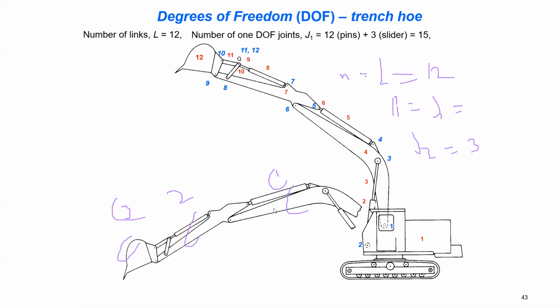So that means our J1, let me first remove J2 here before it confuses people. So this one, I'm going to remove it, okay? So now J1 will be given by 12 plus the sliders, which are 3, giving us 15, right? Which is our 15. Okay.